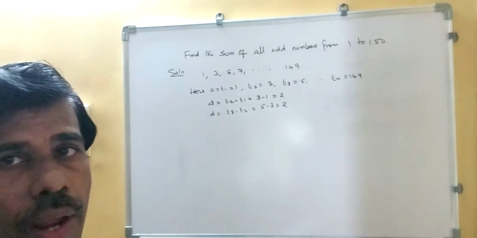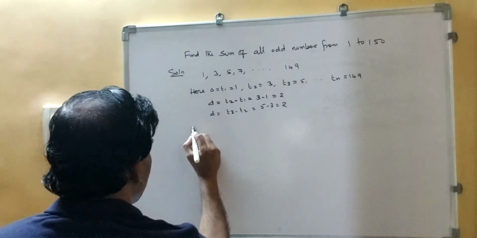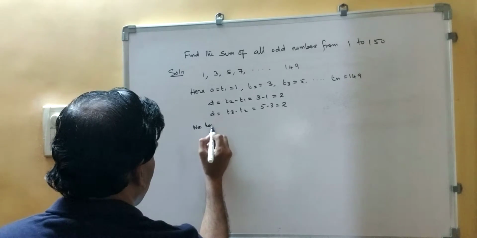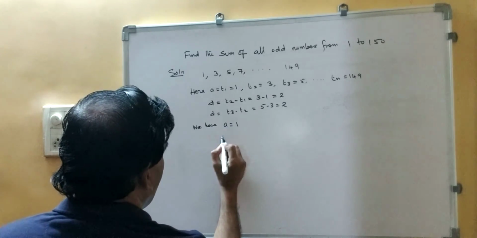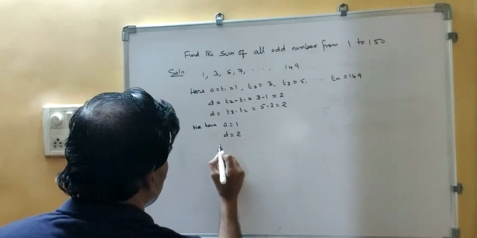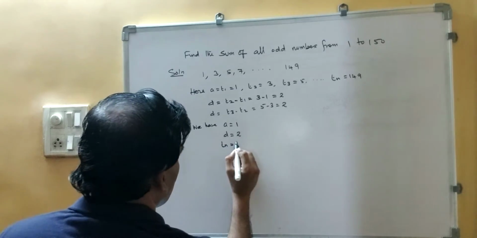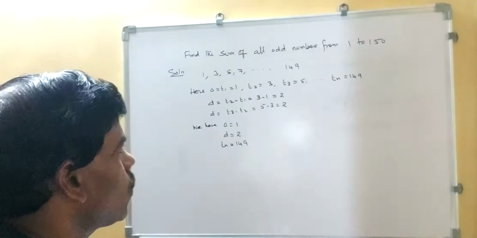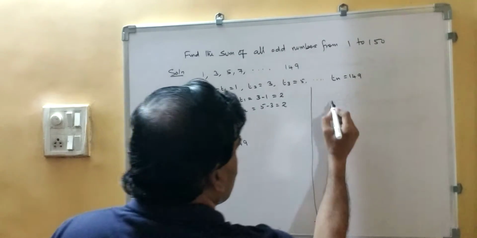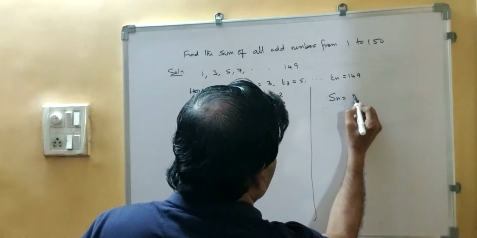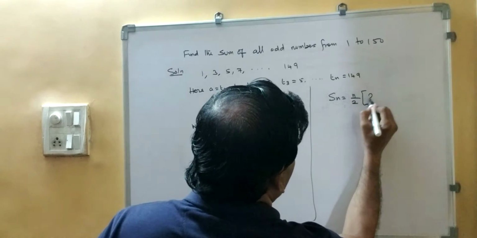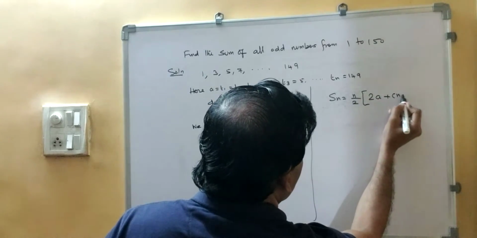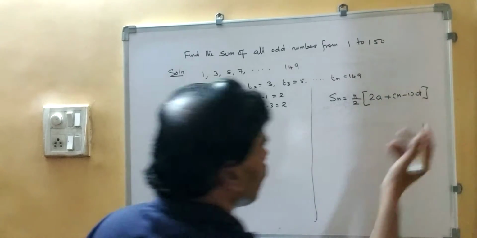Now we have a equal to 1, d equal to 2 and Tn equal to 149. So now see here the formula Sn equal to n by 2 into 2a plus n minus 1 into d.